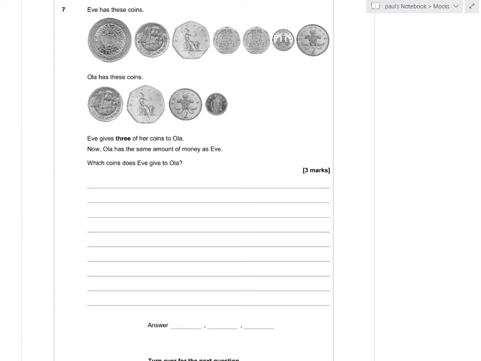So we've got 2, 3, 350, 370, 390, 397, and we've got £1.53. So let's find the difference between these 2 numbers. 397 and 153. So that's 4 and 4 and £1. So she's got to give £1.44 to Ola.